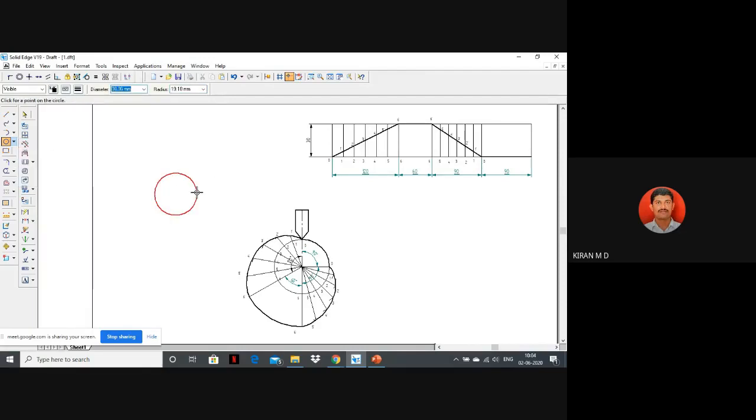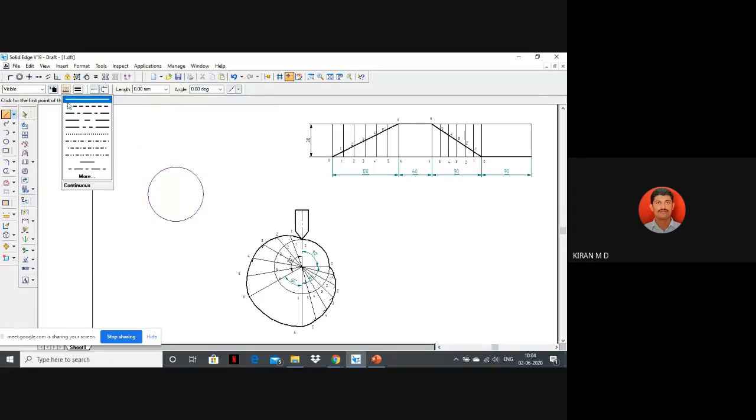So how much radius? 25 means it is the 50 mm diameter. Once you draw this one, then you draw the axis line from this center.